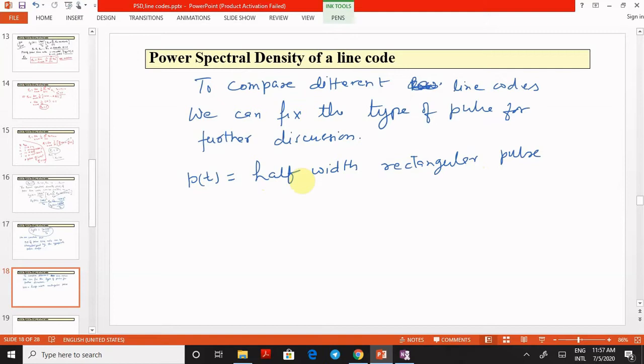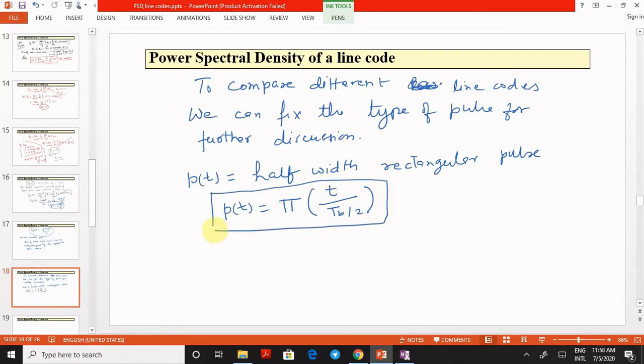Then the comparison can be made easily because the pulse shape is fixed. So how can we write it down mathematically? p(t) can be simply written as pi function of t upon TB by 2, right? This is the representation of a rectangular pulse of width TB by 2.